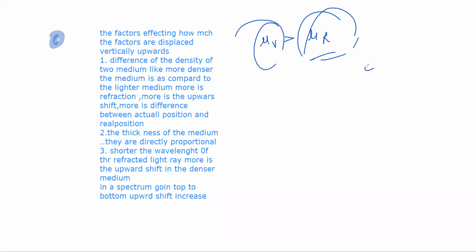More the frequency, lesser the wavelength, more is the upward shift. Less frequency, longer wavelength, red color, upward positioned colors in the spectrum, lesser shifted upward.